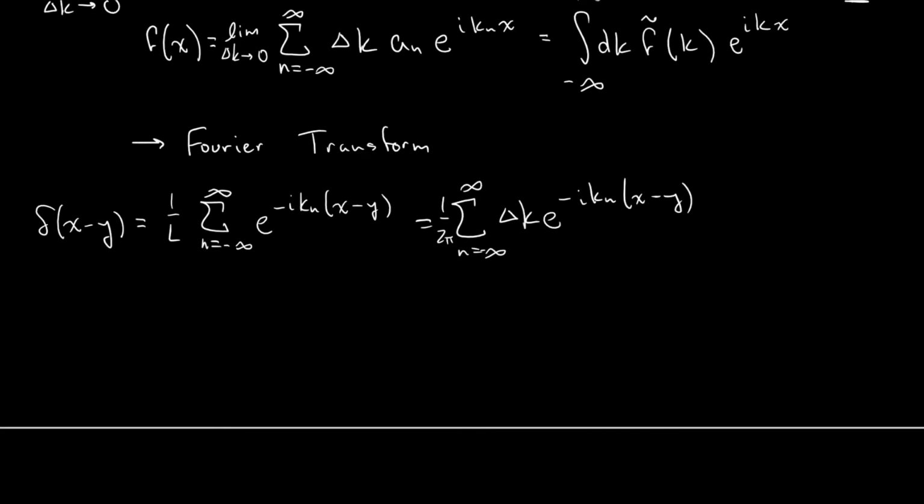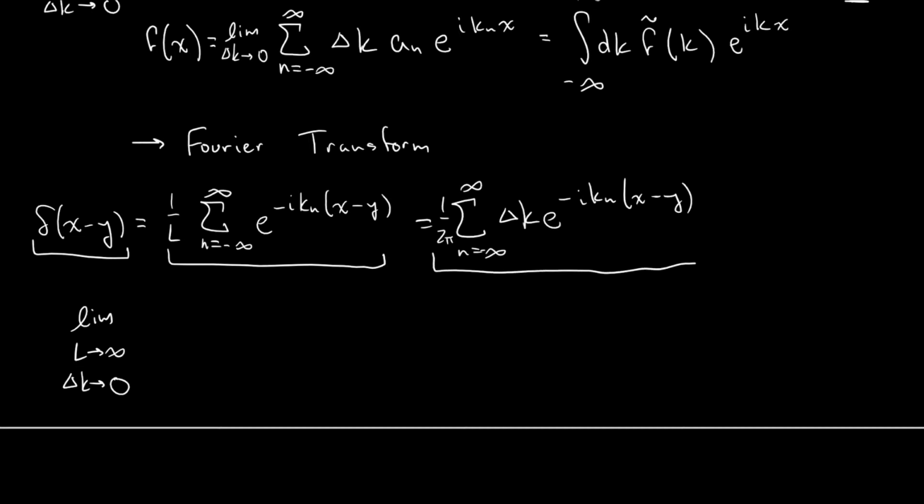And now I take the limit. So now I take the limit as L goes to infinity and delta k goes to 0. Now notice nothing over here depends on L or delta k. Only the stuff on the right-hand side depends on that.